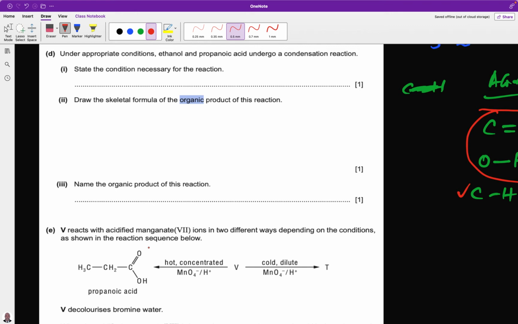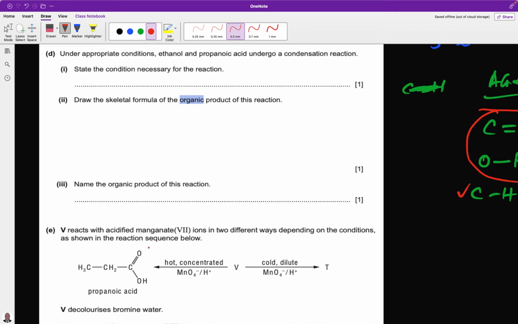When ethanol and propanoic acid react, a molecule of water is removed. That is esterification, in which an ester is produced when a molecule of water is released. For esterification, there are some conditions necessary for it to take place.